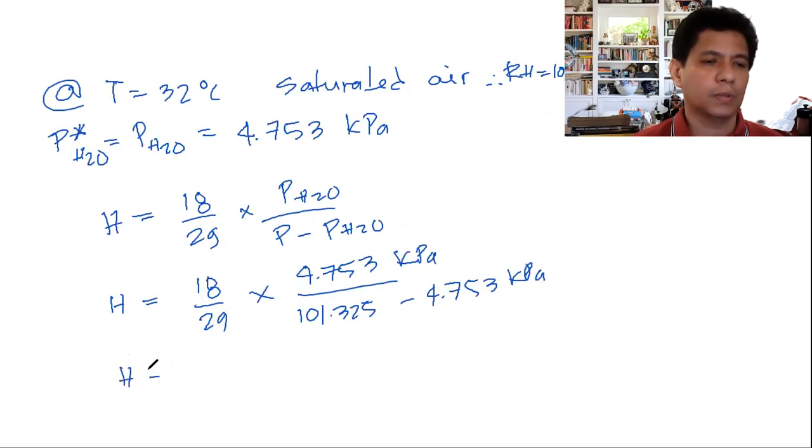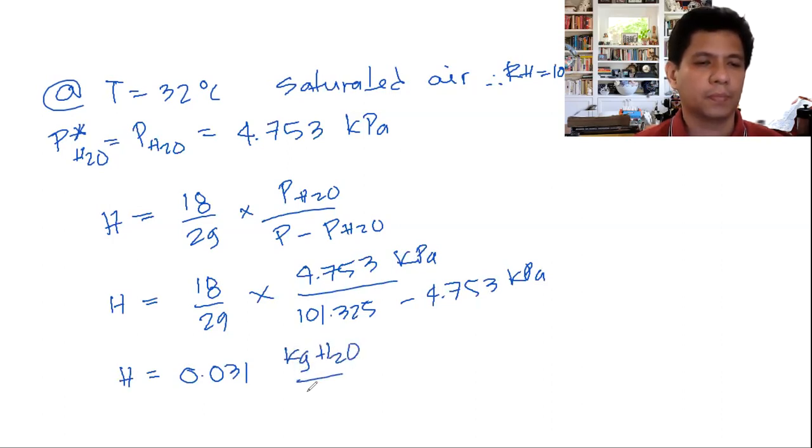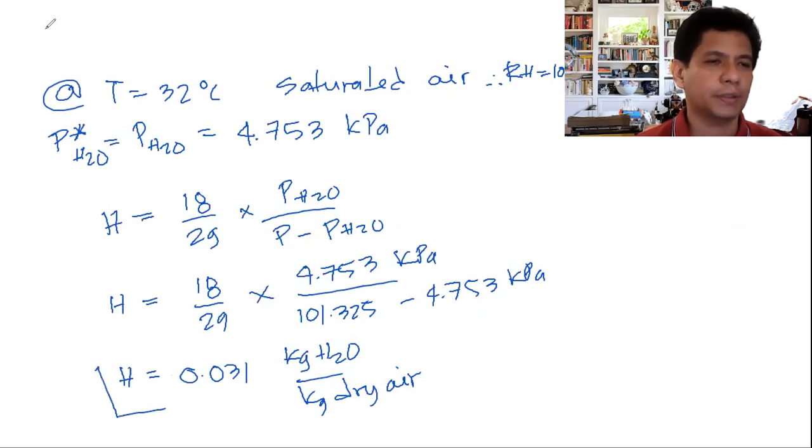So, ano ng humidity natin? 0.031 kilogram water per kilogram dry air. Okay, so this is the answer for number 6.